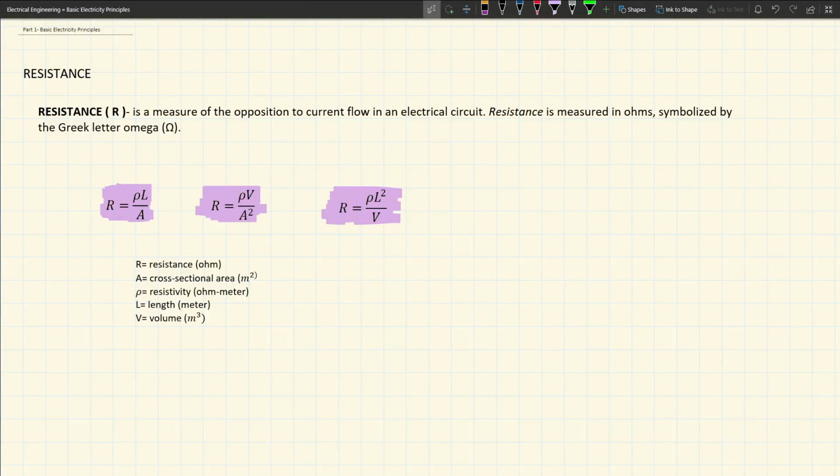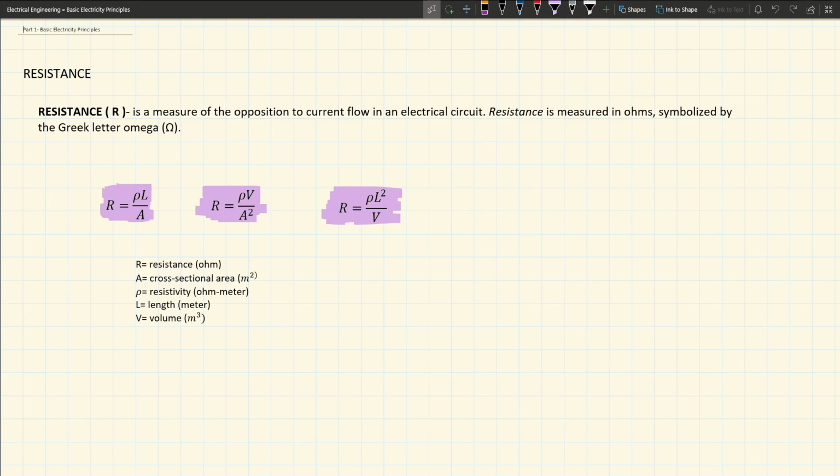Resistance. Resistance is a measure of the opposition to current flow in an electrical circuit, and it's measured in ohms. Resistance is equal to the resistivity times the length of the material all over the cross-sectional area. Also, resistance is equal to the resistivity times the volume of the material all over the square of the cross-sectional area.